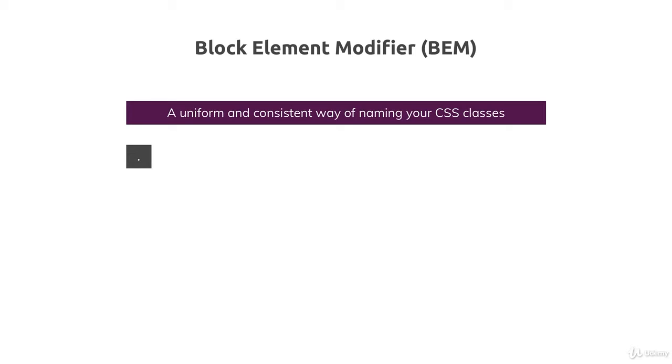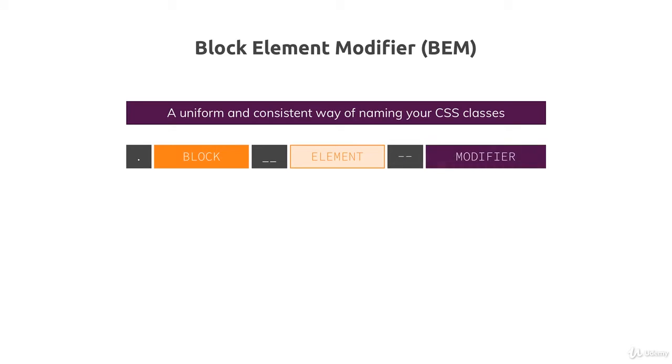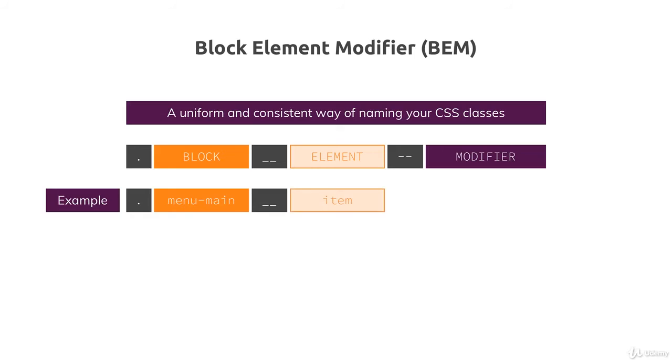You obviously start with a dot in the selector, but then you have the block portion of the name, 2 underscores, the element portion, maybe 2 dashes, and then an optional modifier. Here's an example. Here we got a selector which selects the menu main item, which is big, or which has a big size.